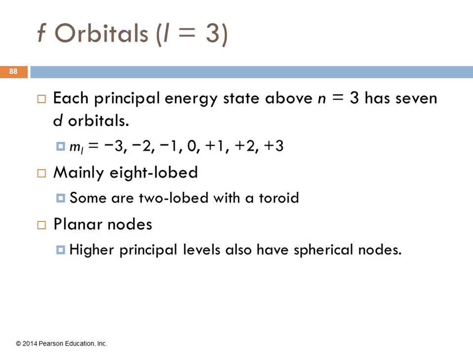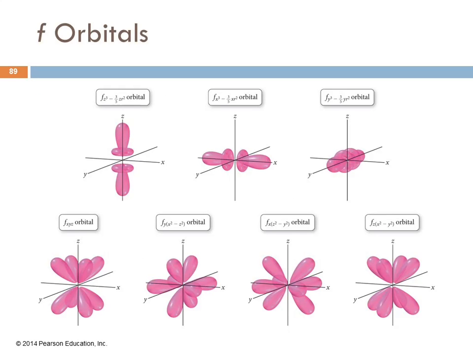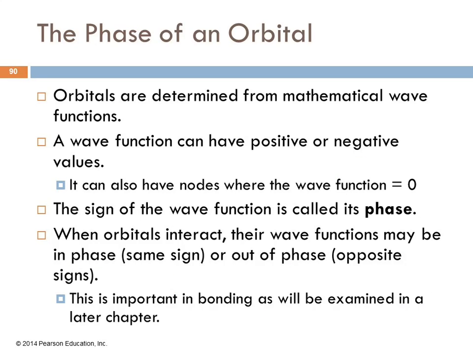These have planar nodes, and again, some spherical nodes at higher levels. This is what the f orbitals look like. They're weird because they've got this big planar node in the middle, and this one's going the other way. Looks like very weird balloon art.